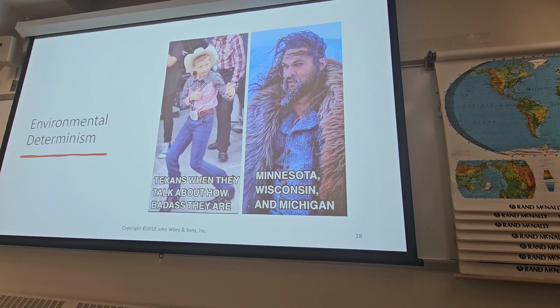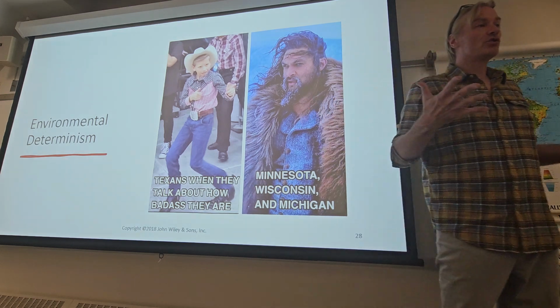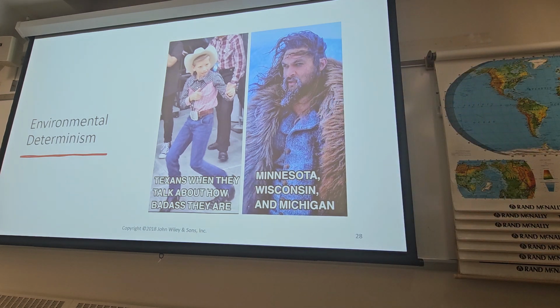Environmental determinism. This is one of our first kind of big concepts in this chapter. Environmental determinism is basically when people decide that the physical geographic characteristics of a place define the people there, right? And the field of geography itself used to rely on this a lot.